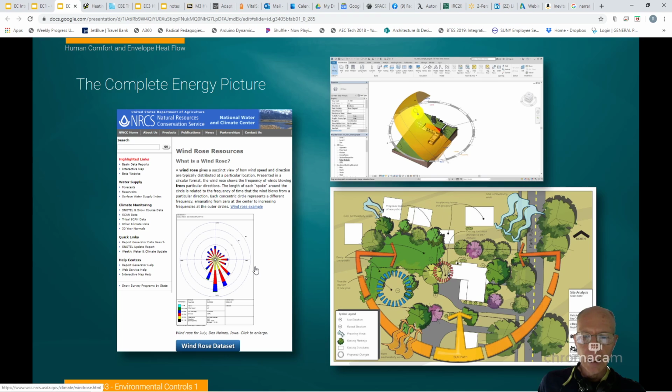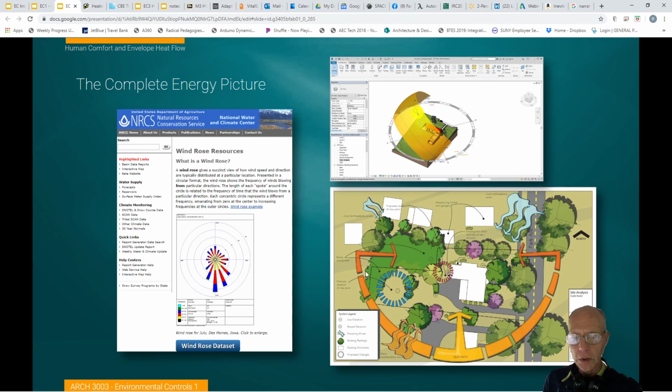And so once again, that idea of the complete energy picture, these are some nice graphics that remind you about the things to think about. One of them is, in this case, the wind rows. This is the idea of prevailing winds. Once again, another linked resource.